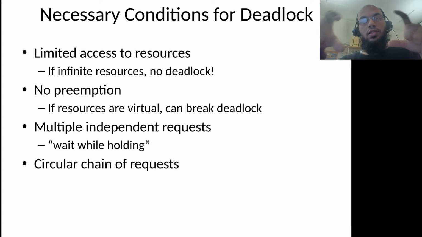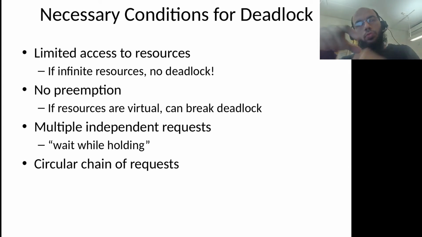Since everybody trying to access the line adds a random variable, you end up in a situation where everybody tries to send at a different point in time. Well, there are multiple independent requests that need to wait while holding, and there are circular chains of requests.